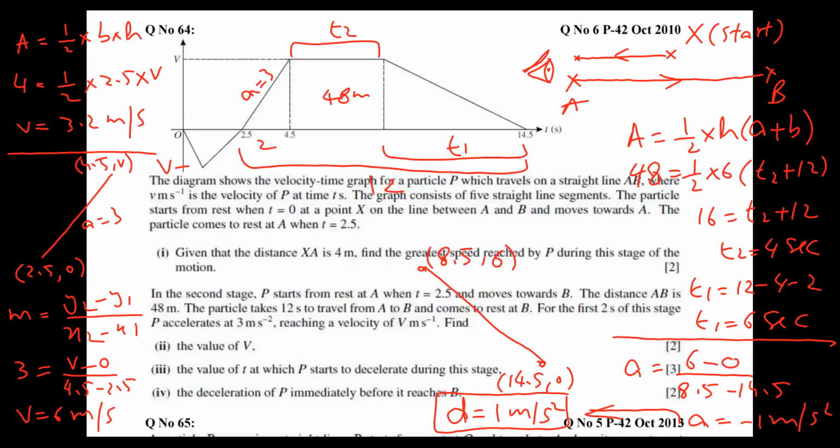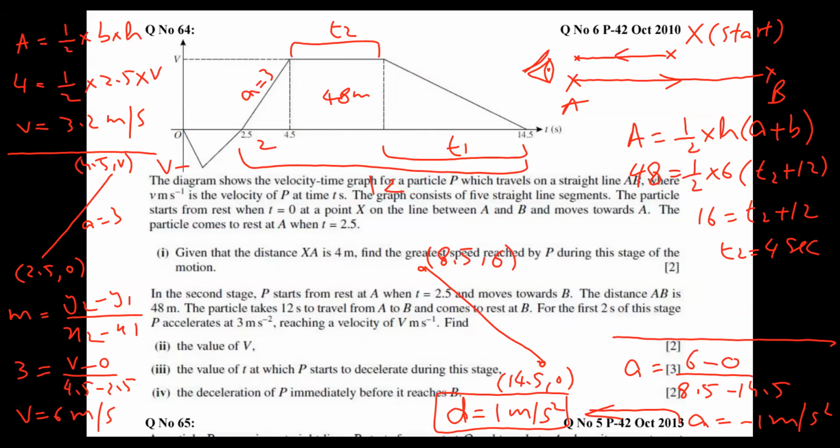So there's one correction here. Actually, he's asking for the value of time. I thought he was asking for the deceleration time, but he's not. He said start to decelerate. Start to decelerate is this time actually, and this time I just found, 8.5. How to find 8.5? Because this t2 is 4, and this is 4.5, so 4.5 plus 4 will give us our answer.